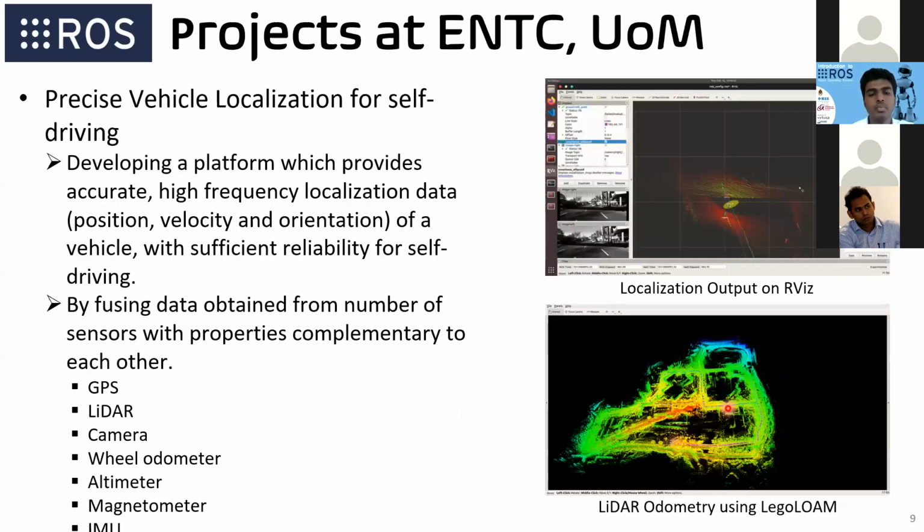Moving on to the next project, we have some final year projects going on this year on a self-driving car. This project is called precise vehicle localization for self-driving. Localization plays a very important role in self-driving because the car should know its location accurately, so that it can plan its maneuvers.